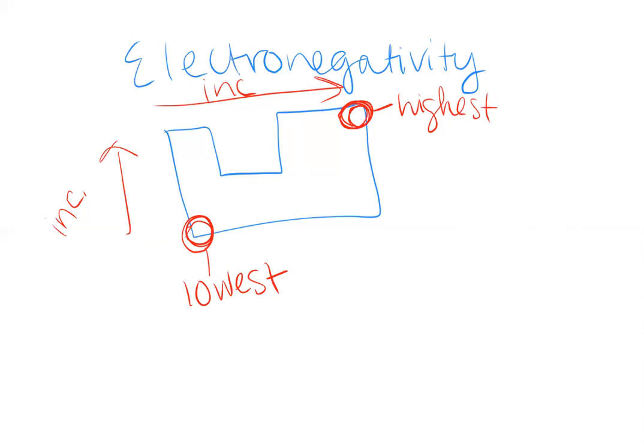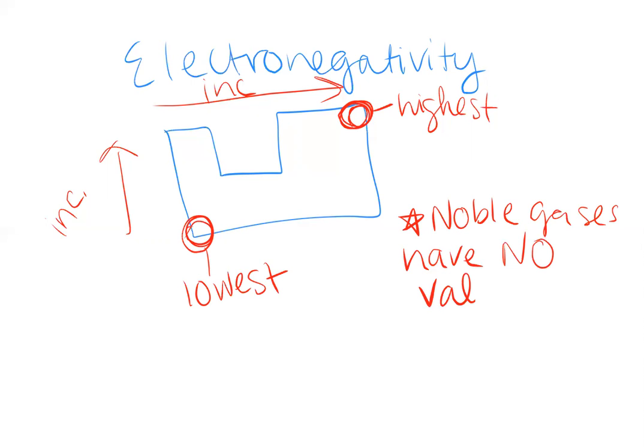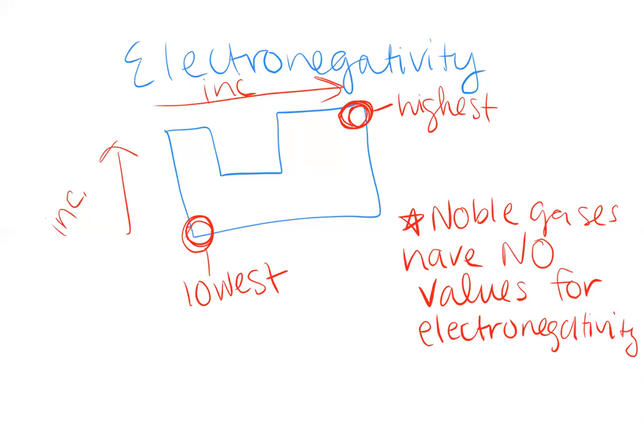Okay, there's a trick to this one though. Noble gases have no values for electronegativity. Why is that? Well, electronegativity is defined as the tendency of an atom to gain electrons.